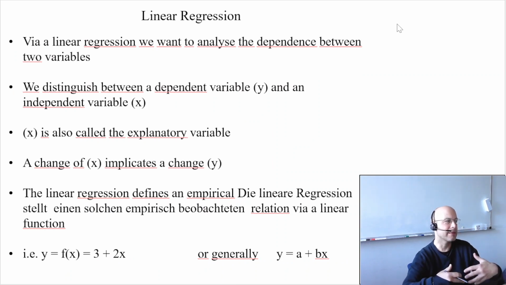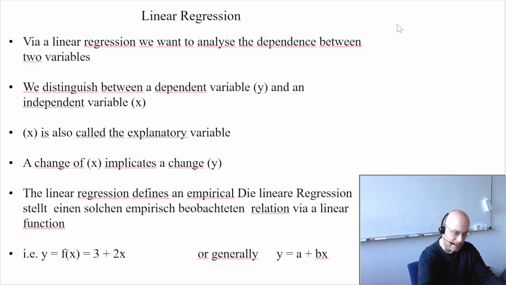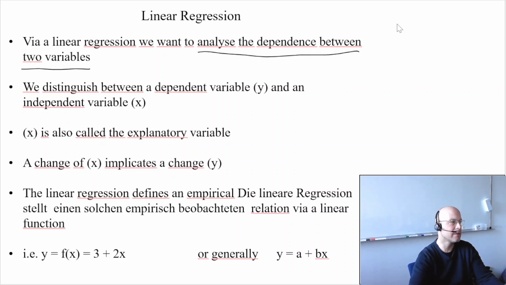So, a step back, then we ask, in general, we have again 2 variables, and we assume that they have some dependence, and we want to analyze this dependence between these 2 variables in a very general way. And for this, we distinguish these 2 variables.